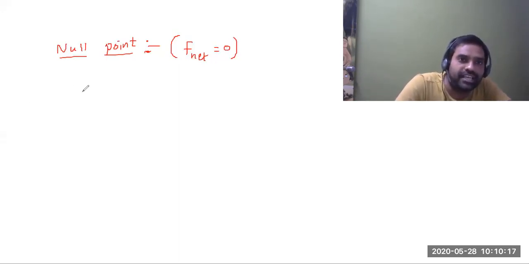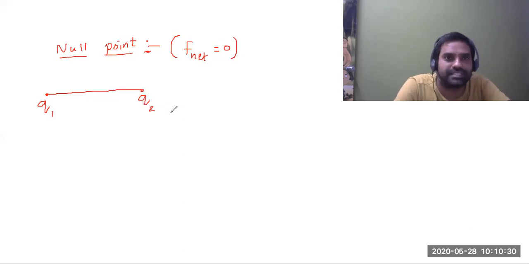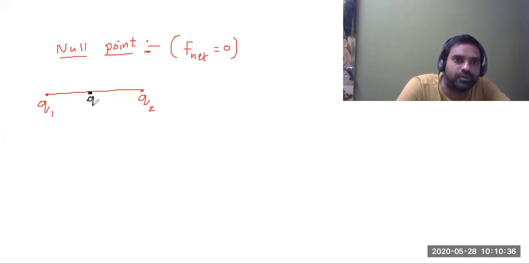Now see students, listen carefully, if you consider two point charges, this is Q1 and this is Q2. Both are positive charges I'm taking. Then consider any point P, where a small charge q is kept at a distance x from Q1.